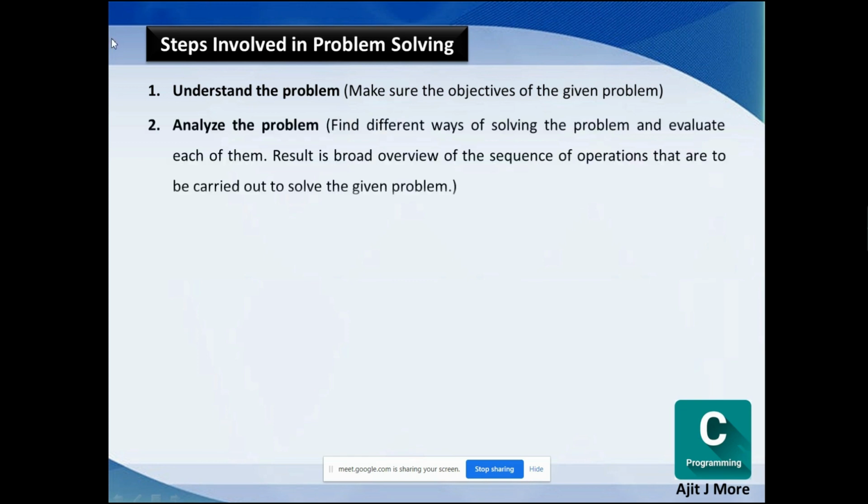Then second, as I said, analyze the problem. Analyze means just finding out the overview, not the detail. But there can be many ways. For one problem, there can be one way, a second way, a third way. Like for GCD, I told you to keep comparing, and from whichever is greater subtract the smaller one.